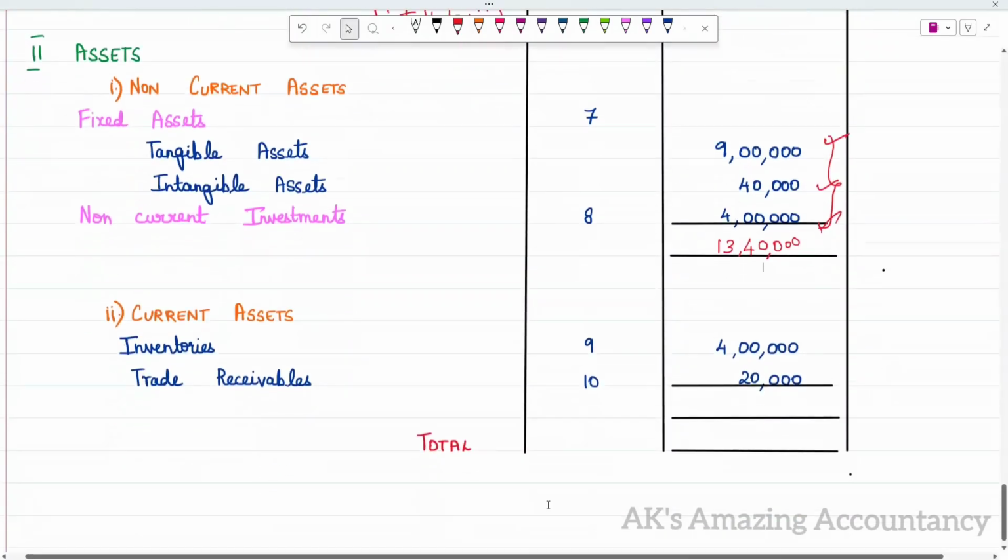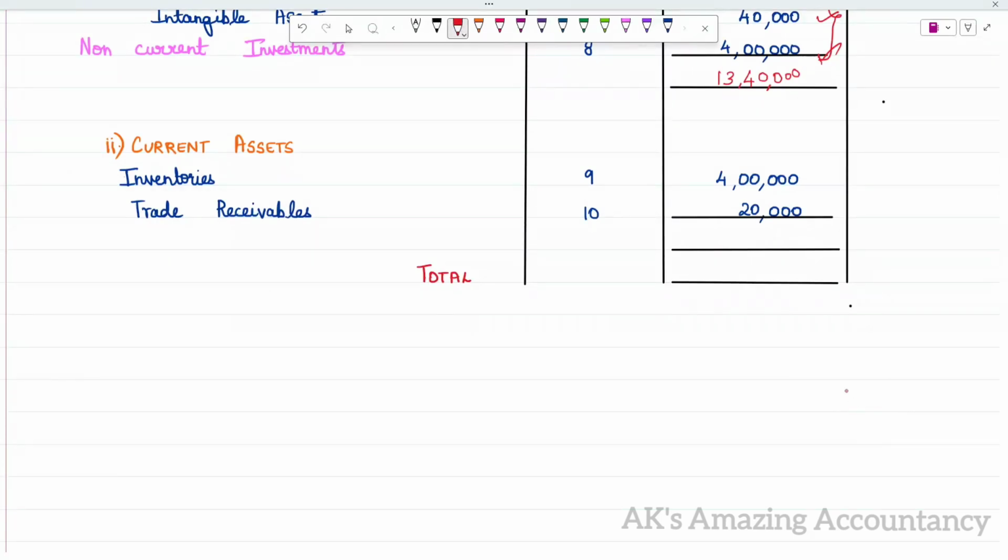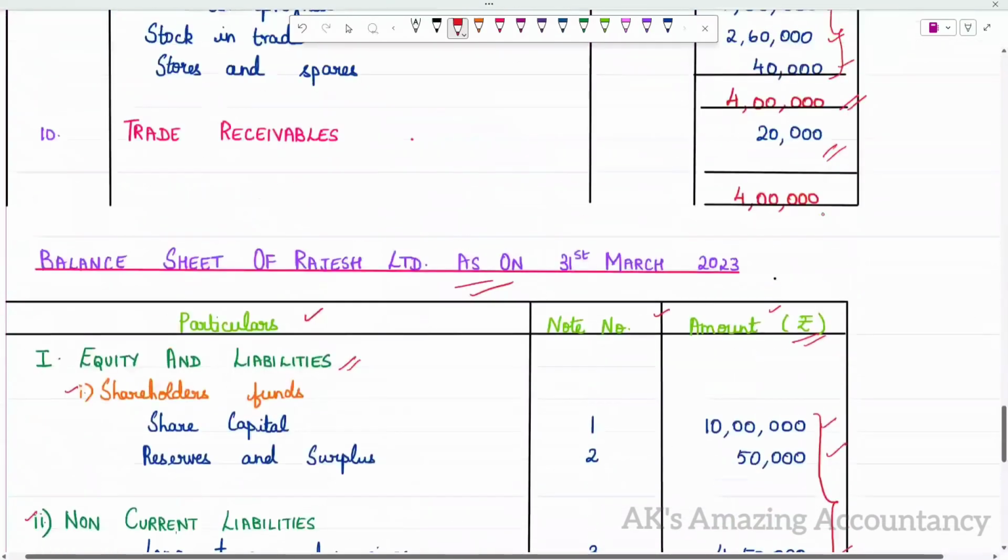Then the next heading is current assets. Under current assets, we'll be having note 9 and 10. Note 9 is for inventories and note 10 is for trade receivables. Note 9 inventories is 4 lakh. Note 10 trade receivables is 20,000. We have already prepared these two notes.